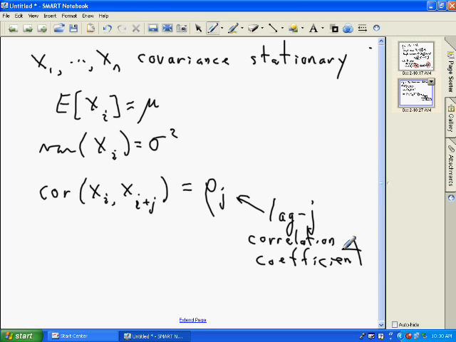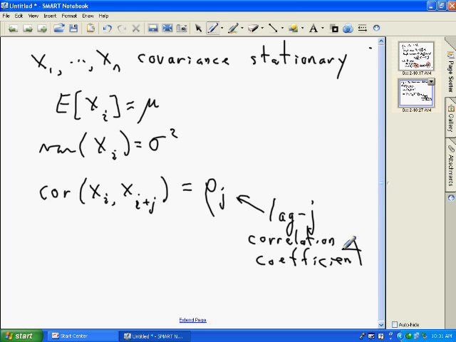In other words, if I'm looking at daily temperatures, of course, that's not a good example because daily temperatures are not stationary, because the mean in the summer is different from the mean in the winter. But we can talk about the lag correlation, in other words, the correlation between today's temperature and tomorrow's temperature.